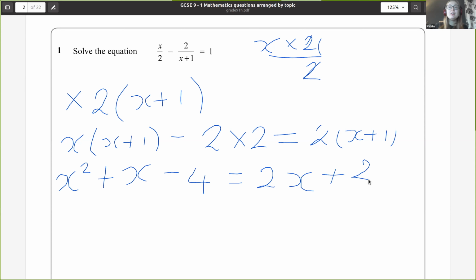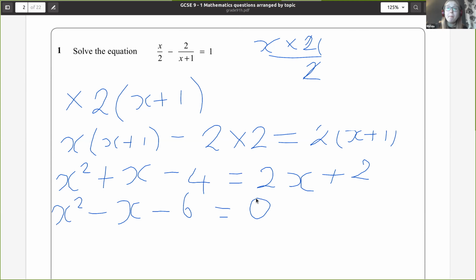It doesn't matter which side you pick, but I always think it's easiest to leave the x squared bit as positive, because it just makes it easier to solve. So I'm going to leave that as x squared. I'm going to move the 2x to the other side, so that's x take away 2x, which is minus x, and I've got minus 4, take away that 2, gives me minus 6, is equal to 0.